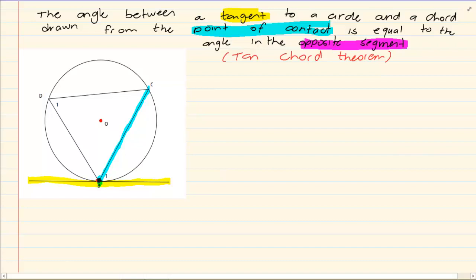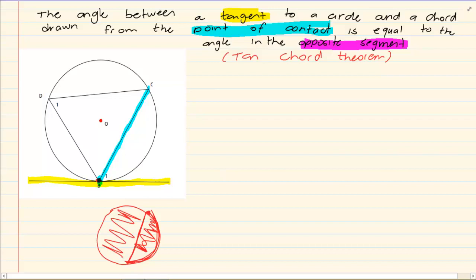What you must remember is that a segment, if I give you a circle and I draw a line, then we have discussed the segment. From this arc, if you take this arc here that is created by the line that you've drawn, then this would be the one segment and this would be the other segment.